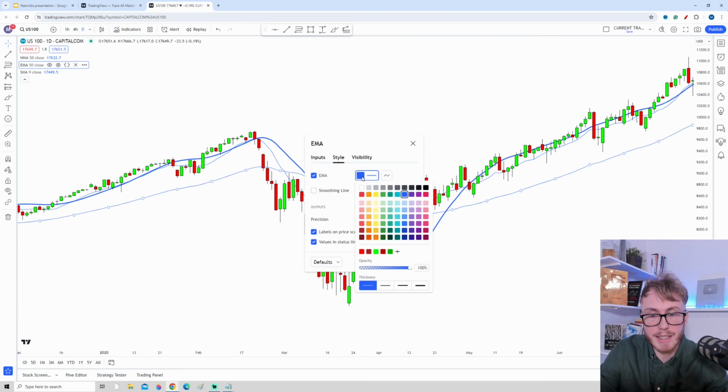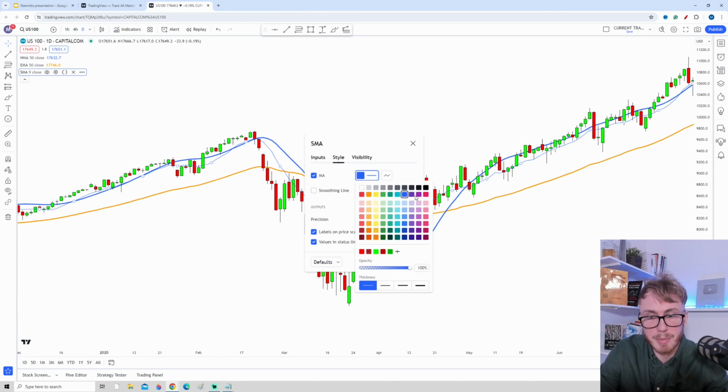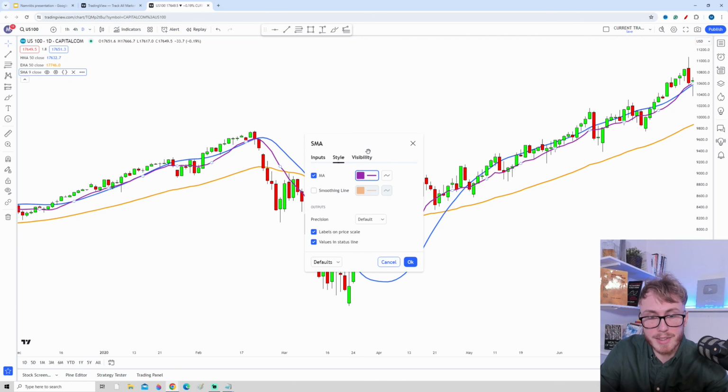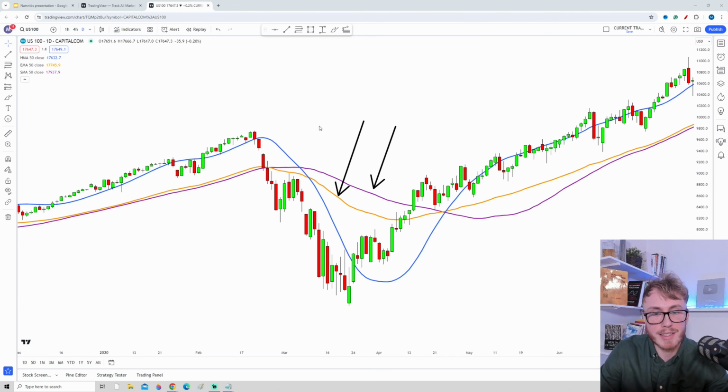We can make the EMA orange, and we can make the SMA another color. Let me make this, for example, purple. And let's increase the thickness once again. So now we have three moving averages here on the chart. We have the purple line, which is the SMA. We have the orange line, which is the EMA. And we have the blue line, which is the HMA.